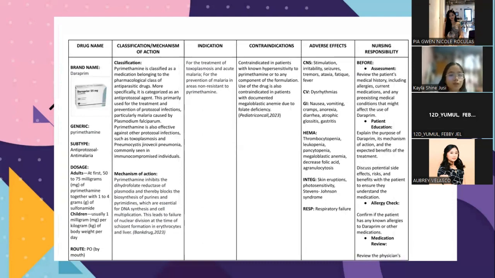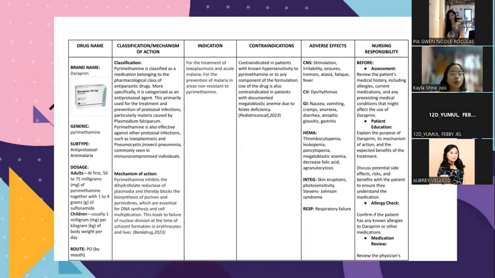So for the classification and mechanism of action, pyrimethamine is classified as a medication belonging to the pharmacological class of antiparasitic drugs. More specifically, it is categorized as an antiprotozoal agent.